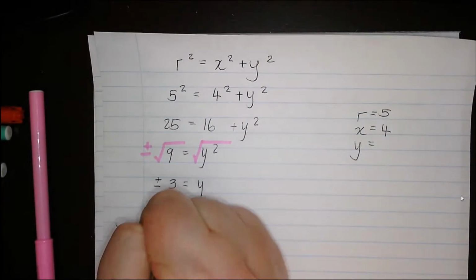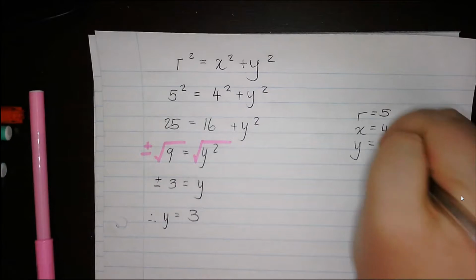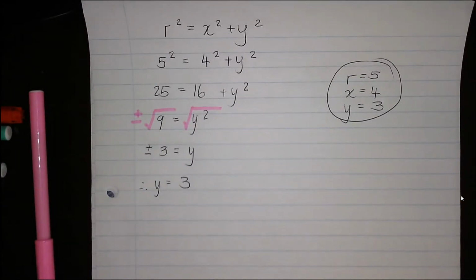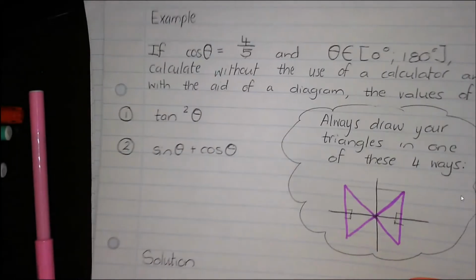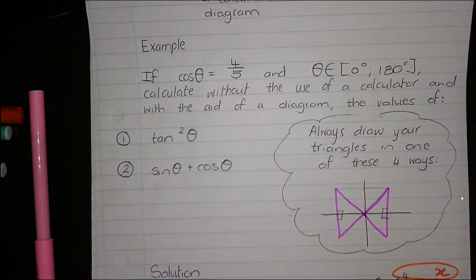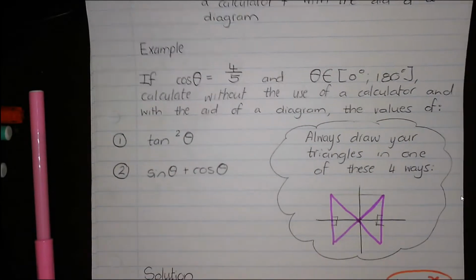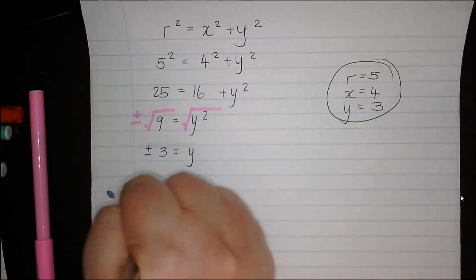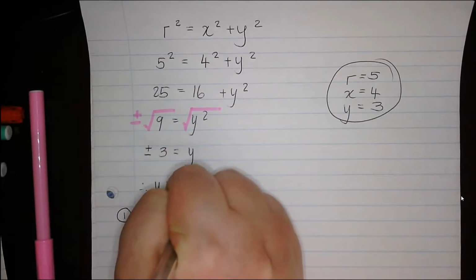So y is positive 3, and I'm just going to group them together like that. Now you'll notice I haven't actually answered the question. The question said determine the values of this and this. Now I'm going to start with answering those questions. The first one here is tan squared of theta.